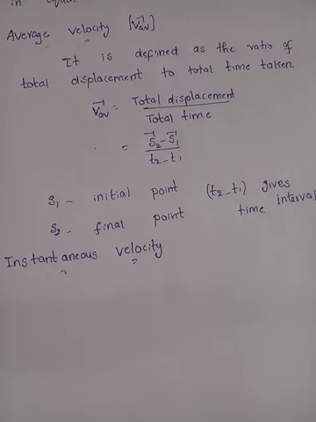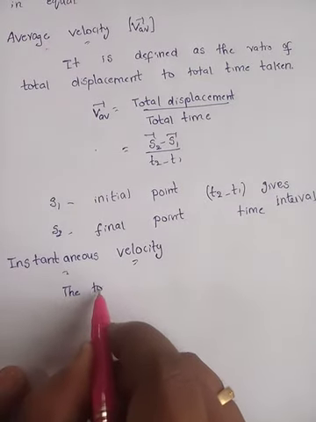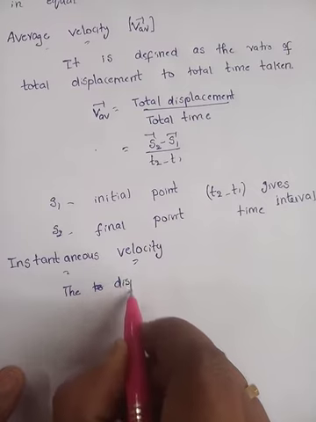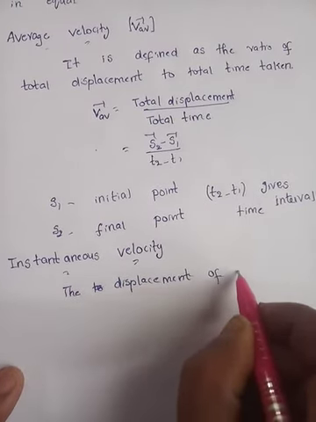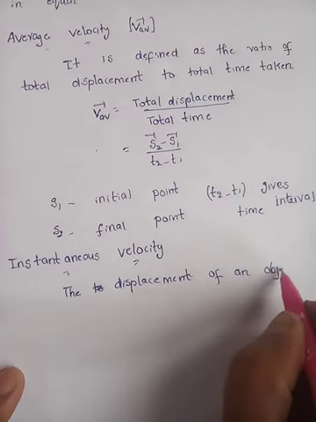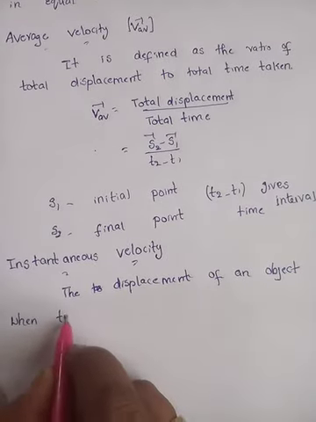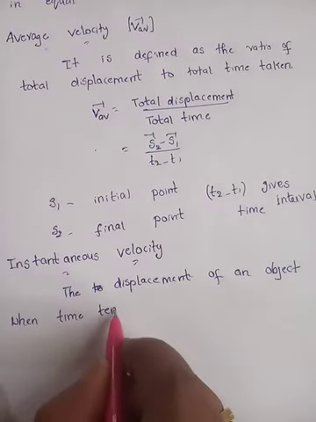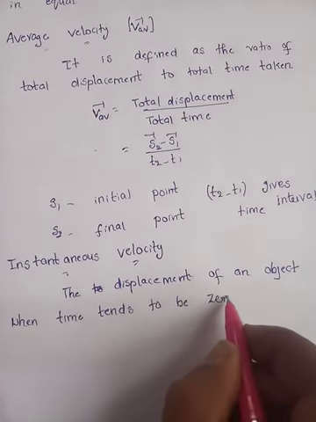Instantaneous velocity is defined as the change in displacement of a body when time tends to 0.